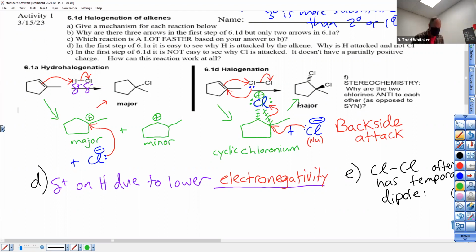As a result, one of the bonds ends up on a wedge. The old bond, I didn't break this bond, did I? Look, it's still there. Stays the same. So why are they opposite sides? Because you did a backside attack. Anytime you have to explain why the geometry is anti, the reason is backside attack creates anti-stereoselectivity.